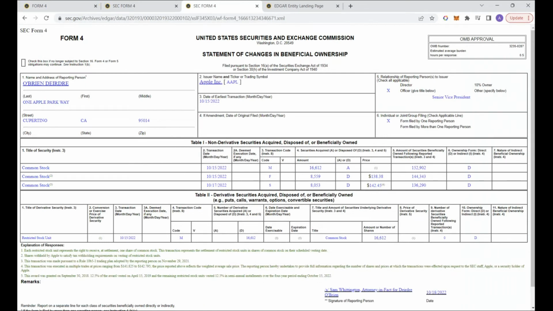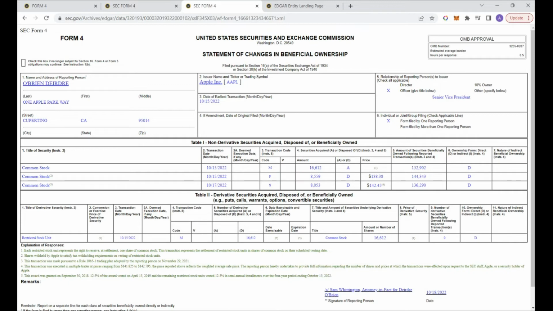Let's look at this Form 4, which is also with Apple from their senior vice president. So you can see on October 15, 2022, the executive exercised 16,612 options from her stock compensation plan.